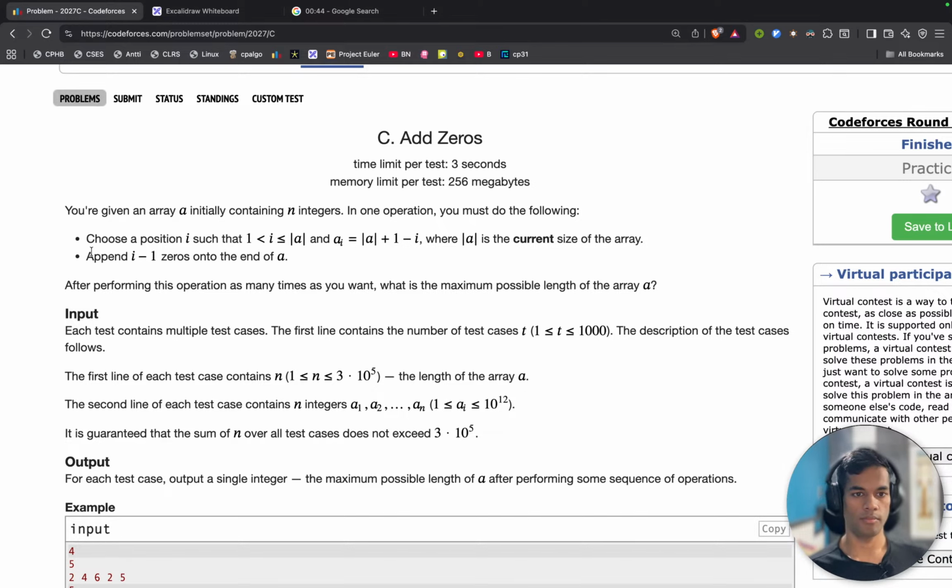Okay, and then append i minus 1 zeros onto the end of A, which is the number of elements to the left. After performing this operation as many times as you want, what is the maximum possible length of array A?